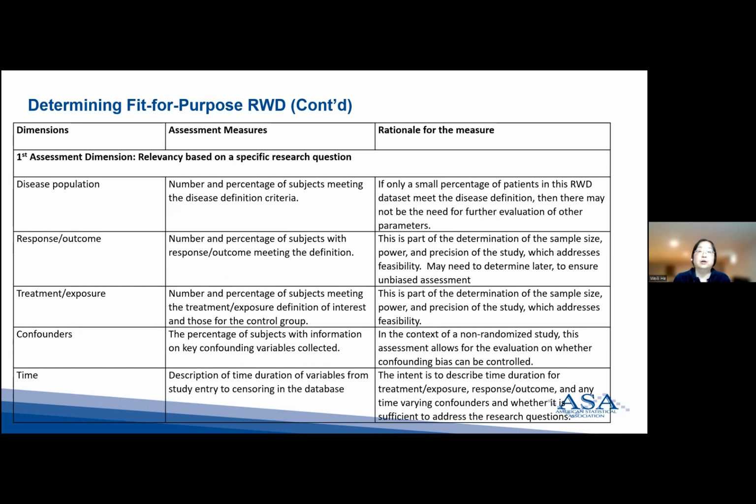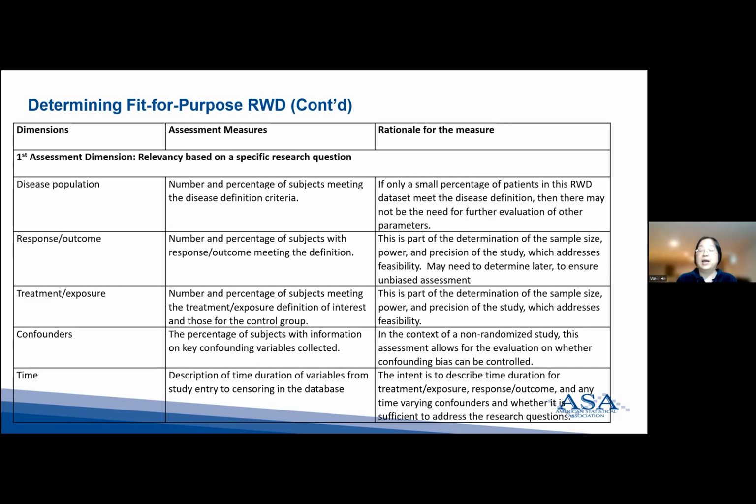So what we propose is what we call the semi-quantitative approach to assess fit-for-purpose real-world data sources. The first dimension is on relevancy based on a specific research question. When we talk about relevancy, as Mark mentioned, there are a few key variables we could assess, say, the disease population.